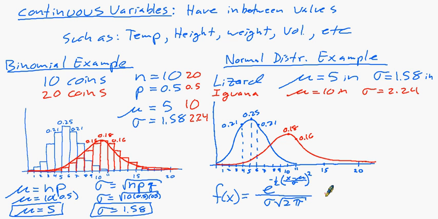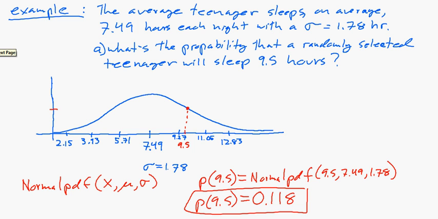Plug it all through, you should get the same value. What a pain in the neck that would be, and very prone to calculator input error. If you don't put your parentheses in the right place, the whole thing goes south on you. So I would really avoid using that equation and use normal PDF.